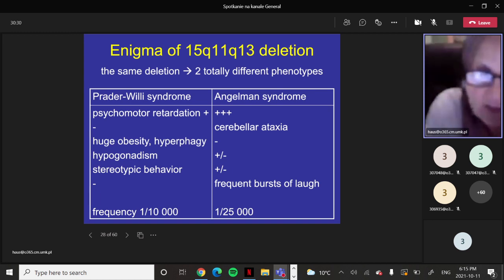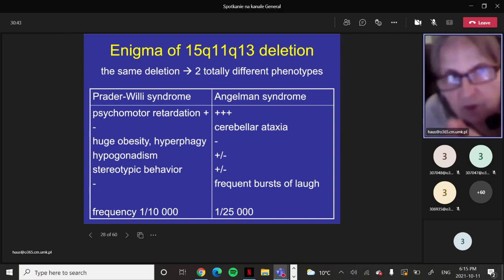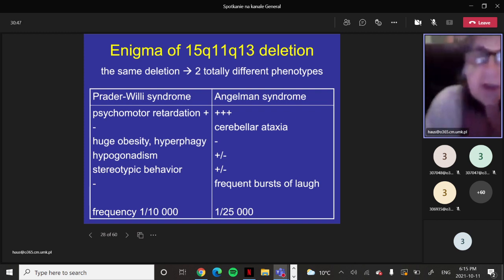From father, it means that Prader-Willi syndrome will appear in a child, or from mother, chromosome 15 with deletion. If it is from mother, Angelman syndrome will appear. Okay? You understand?